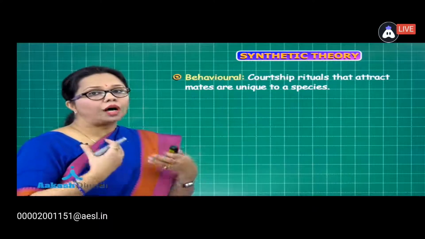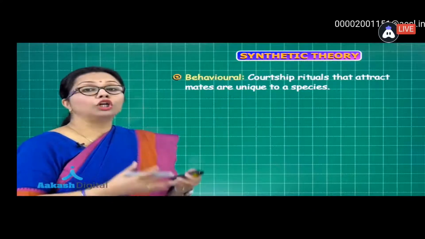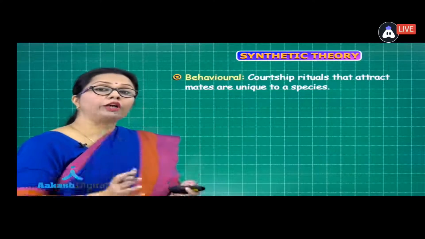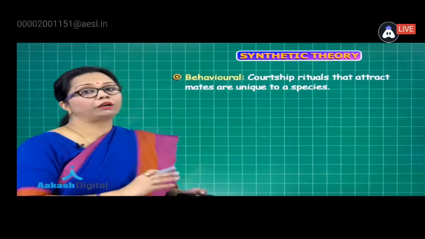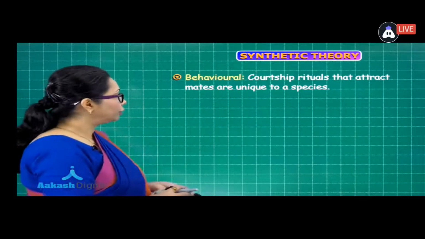That sound to us seems the same, but it is unique for that species. So the female only of that particular species would be attracted to that mate. So that would be behavioral isolation.